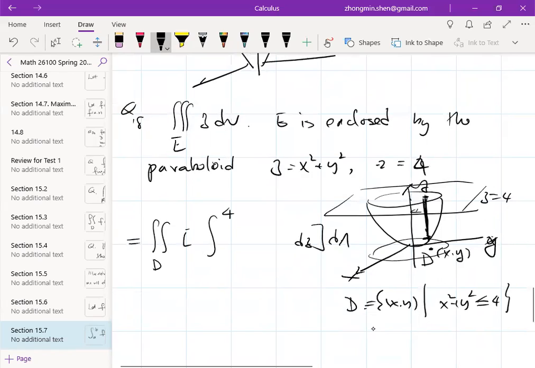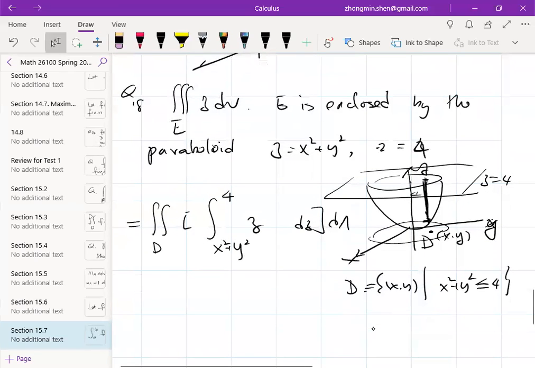The lower bound for z depends on x and y. So this will be the iterated integral for this triple integral.